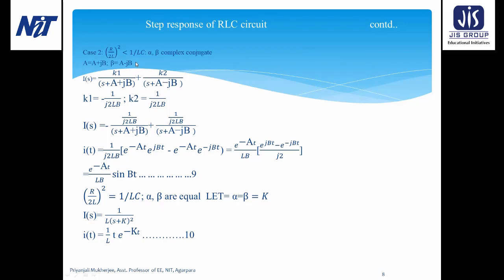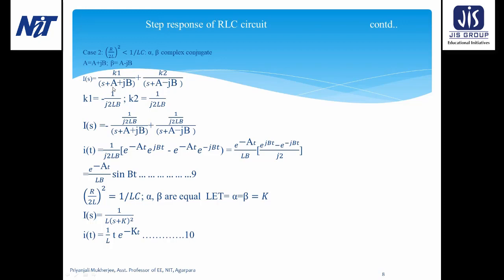For the next case, we consider that (R by 2L) whole squared is less than 1 by LC, and here alpha and beta become complex conjugates. So we consider alpha equal to A plus jB, and beta equal to A minus jB.